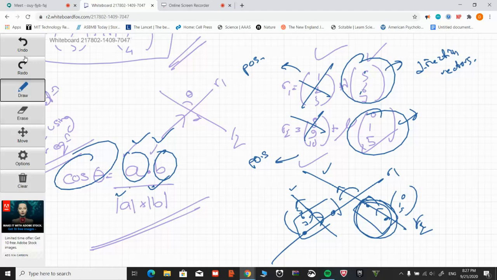So this was a very simple concept: if you are given vector equations, all you have to do is follow the formula using the direction vectors.